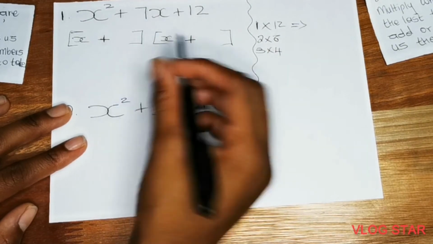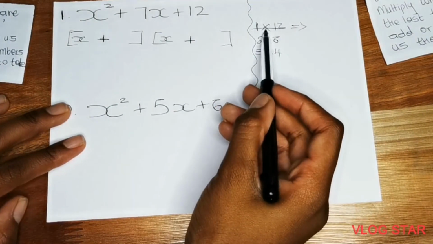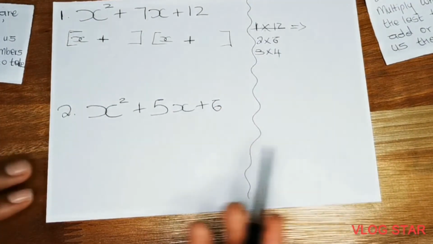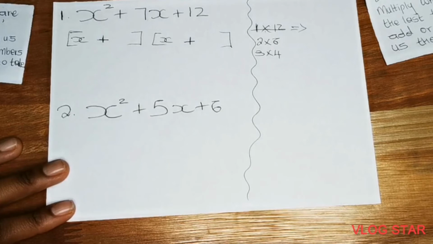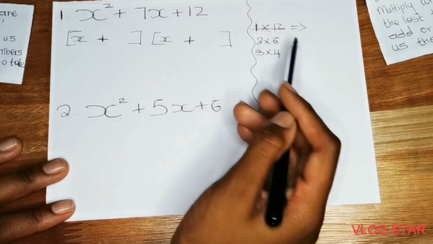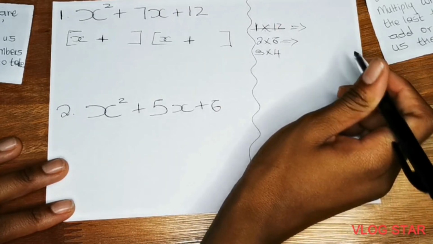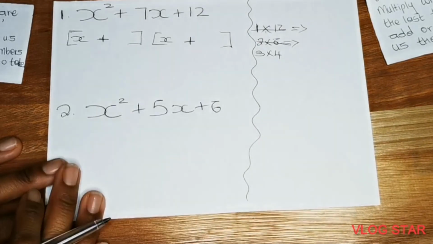We're going to check: when adding 1 and 12, do we have a chance to get the number 7? Nope, meaning this first pair won't work for us. When adding 2 and 6, do we have a chance of getting 7? Nope, this pair won't work either.